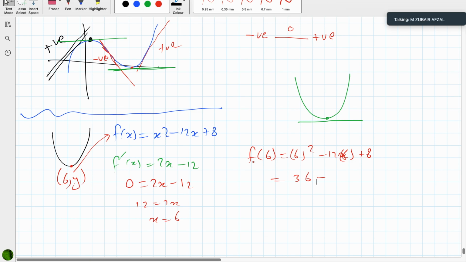36 minus 72 plus 8. Minus 36 and 8. Plus 8, I am finding the coordinate, y coordinate, in the main equation.